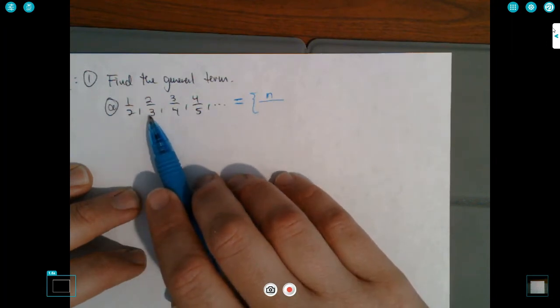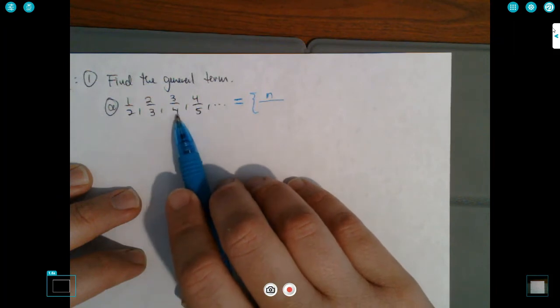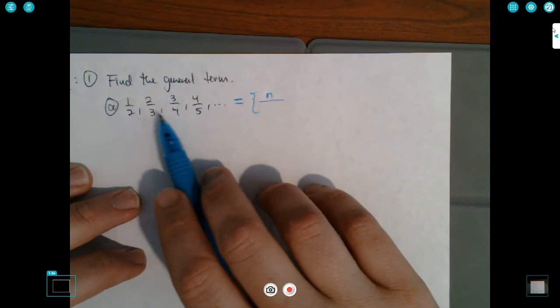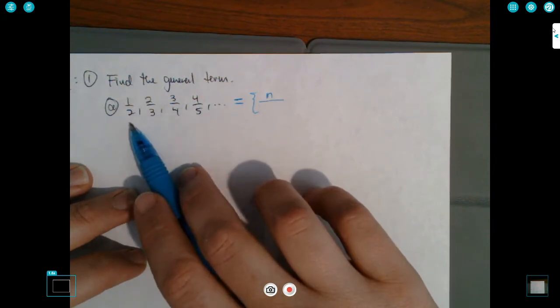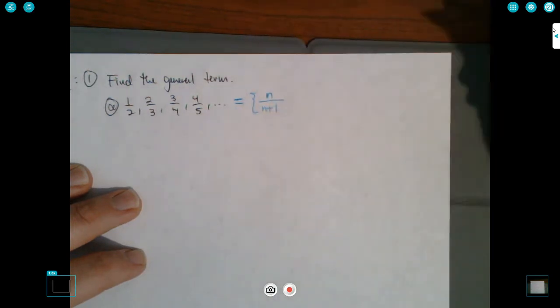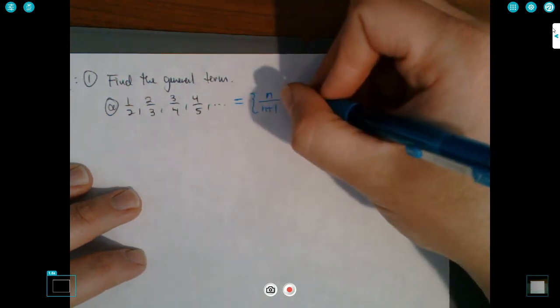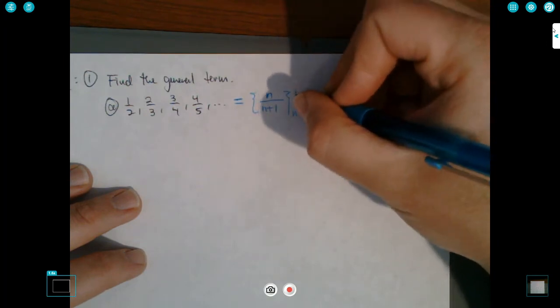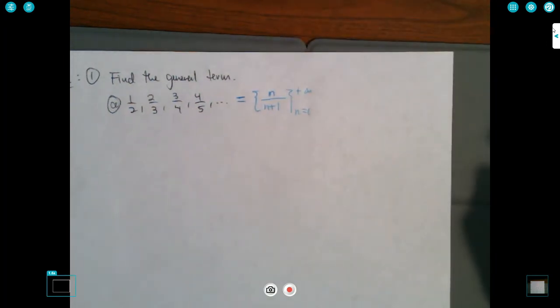This is the second term, but the denominator is 3. Third term, the denominator is 4. Fourth term, the denominator is 5. So in each case, the denominator is the term number plus 1, so it's going to be n plus 1 for the denominator. So there's the general term, and this is how we would write down that sequence.